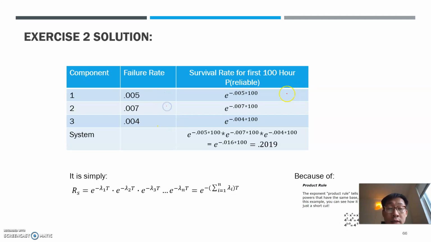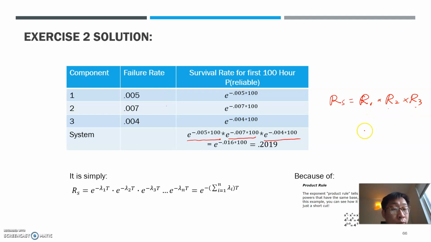Failure rate, and here. So an interesting thing here, if you watch closely, I am multiplying 3 together. Of course, that is related to this property, right? The reliability of a series system is the multiplication of all 3 components.